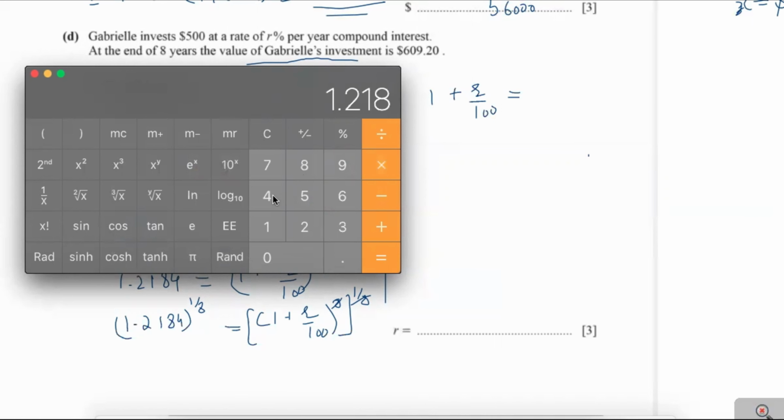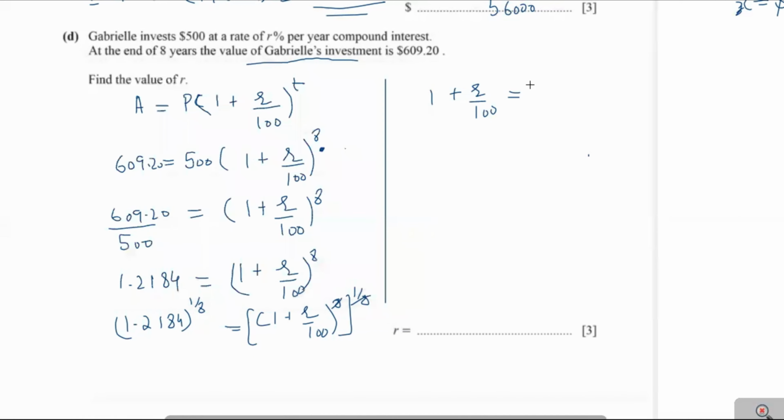1.2184 power 1 divided by 8. That's equal to 1.0249. Now we can write 1.025. Now r over 100 will be equal to 1.025 minus 1.